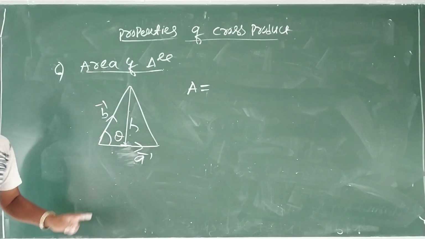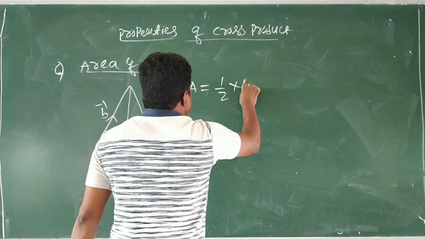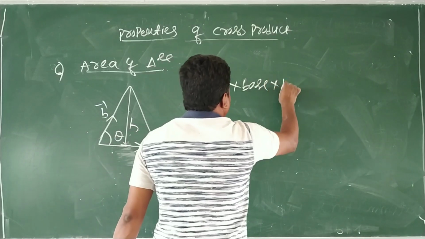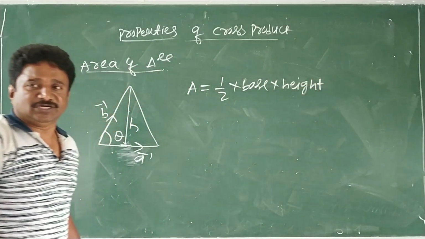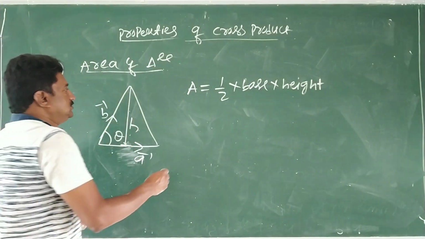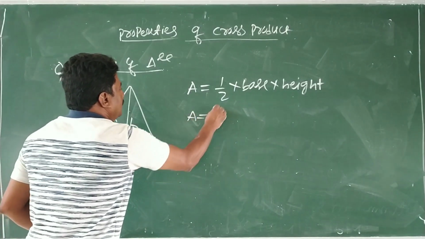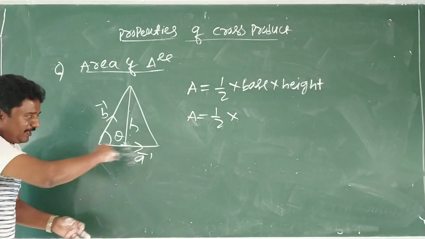So the area of the triangle in general is half into base into height, right? So area is half into base. This is the base.